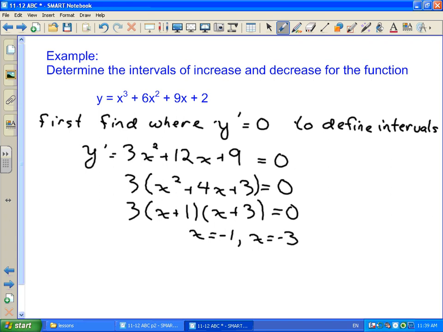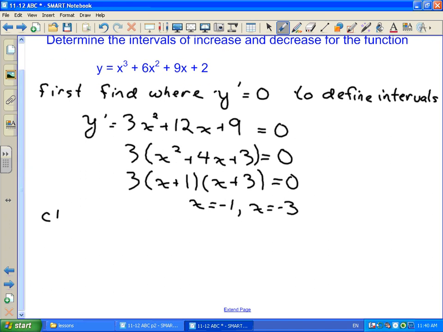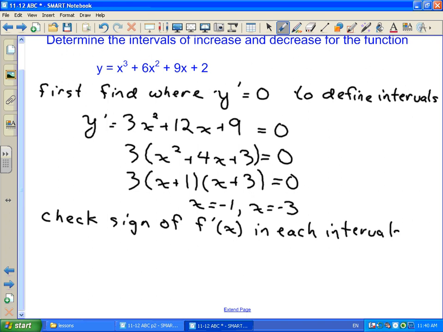So what we want to do is check the sign of our derivative in each of these intervals, these intervals defined by x equals -1 and x equals -3.